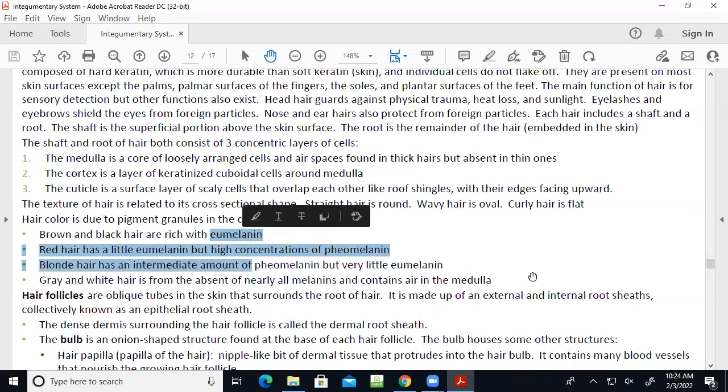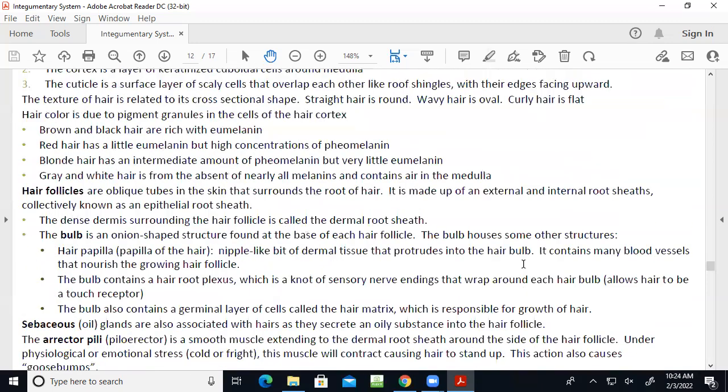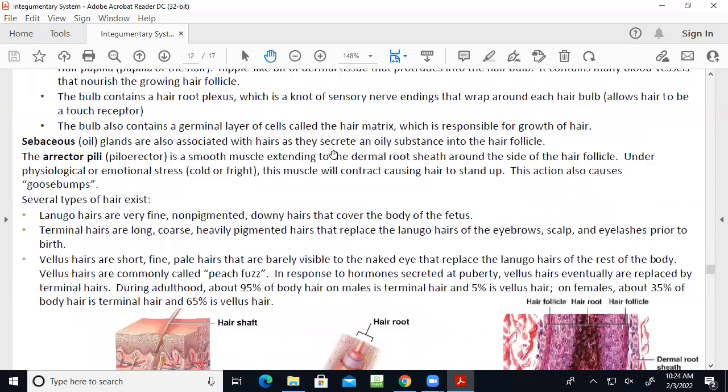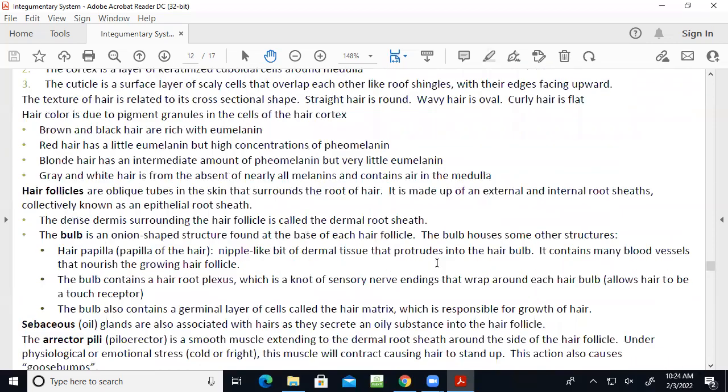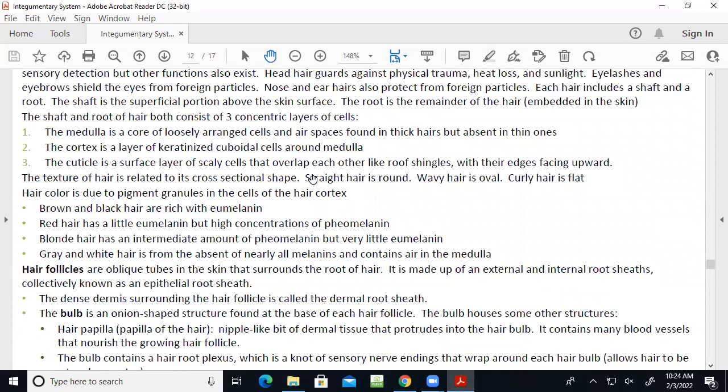Okay. Now, that's important to understand, but if you've ever wondered why your hair has a specific texture, whether it's straight or curly or wavy, it relates to this shape. In other words, its cross-sectional shape. If it's nice and round, it's going to cause your hair to be more straight. Okay.